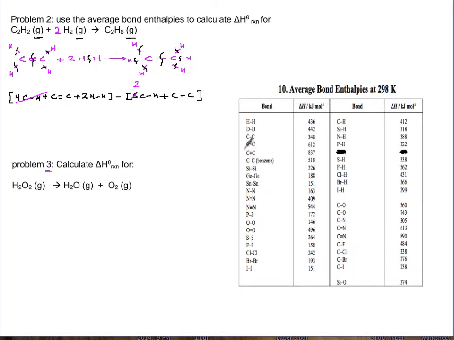C double bond C has 612 kilojoules, plus 1 hydrogen to hydrogen, which is 436, minus, you only have 2 C-H because we simplified it to 2 C-H, and that value is right here, 412, 2 times 412, plus C to C single bond, which is 348.